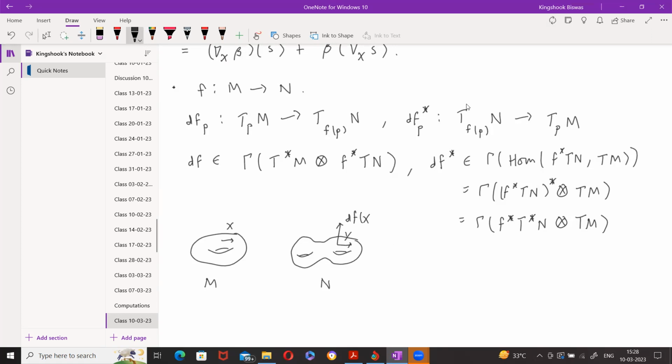That's going to be a tangent vector at points of N. DfX will be a section of the pullback bundle f star TN, and I can look at Y composed with f, right?